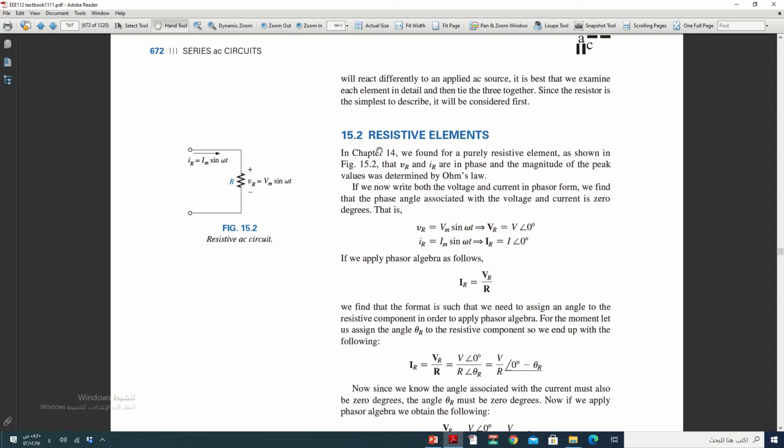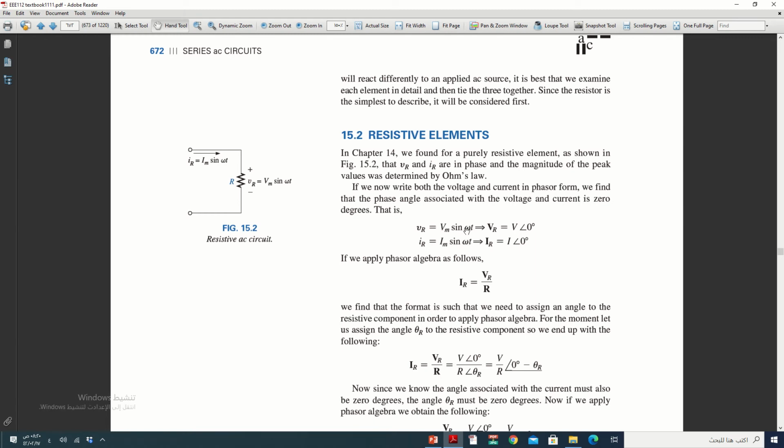Let us start with the resistive elements here. If you remember last chapter, when we write VR and IR, VR equals Vm, which is the peak, sine omega t, and IR equals Im sine omega t.